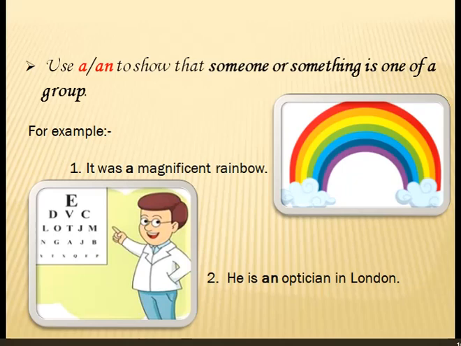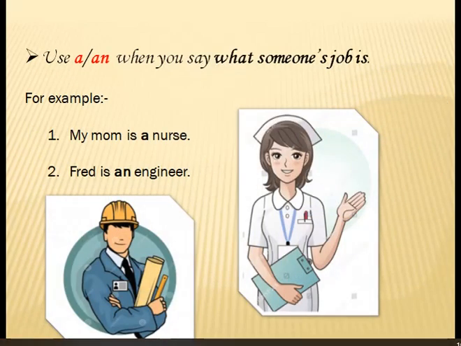For example, it was a magnificent rainbow. He is an optician in London. Use a or an when you say what someone's job is. My mom is a nurse. Fred is an engineer.